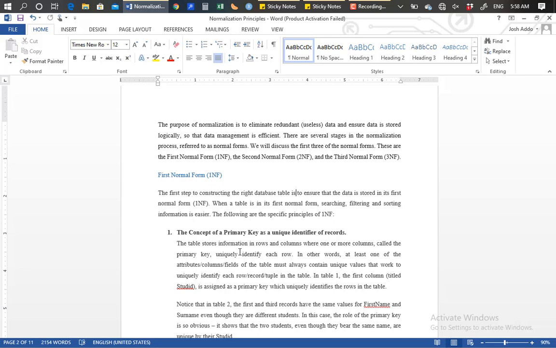So first normal form is saying that in your table design, you should have at least one column that works to uniquely identify all the records in the table. I'll explain further with illustration for you to understand. So the first thing you have to think about is the concept of primary key as a unique identifier of records.